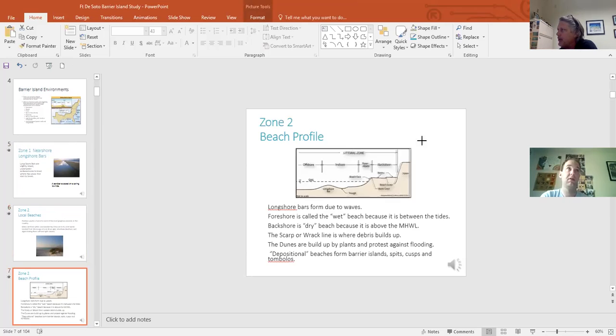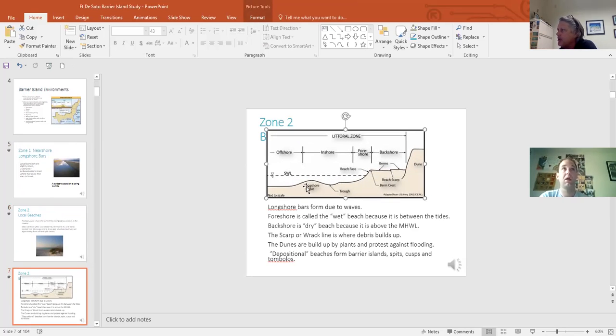Beaches have a profile. This is what beaches look like. Here's your longshore bar. Remember, near shore, you got your little longshore bar, that little trough carved by waves spilling over. And then on your beach face, you know, high tide, low tide, we call that the foreshore, the area between the tides. Then you have the back shore. Generally speaking, it's separated by a notch called the rack line.